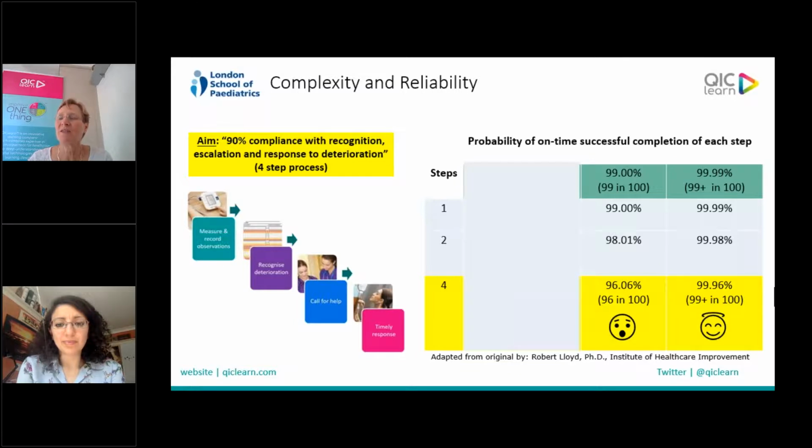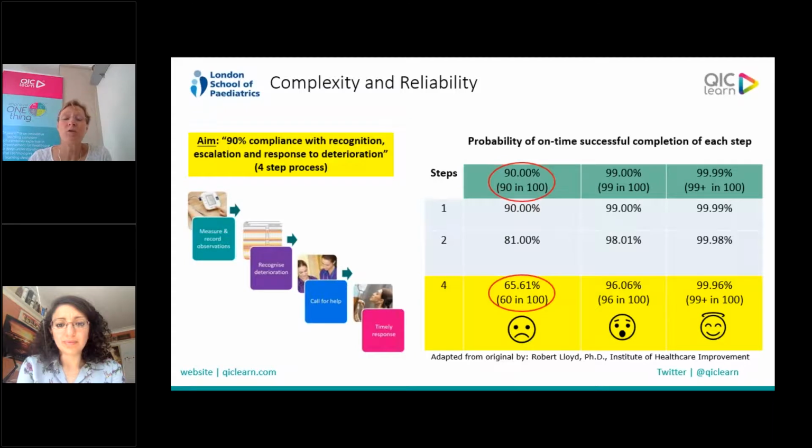However, if each step is 99 out of 100, you get 96 out of 100. More worryingly, if you have 90 out of 100, so 9 out of 10, which most of us would think is a really good result, then after 4 steps of 9 out of 10, by the 4th step it's actually down to 6 out of 10.